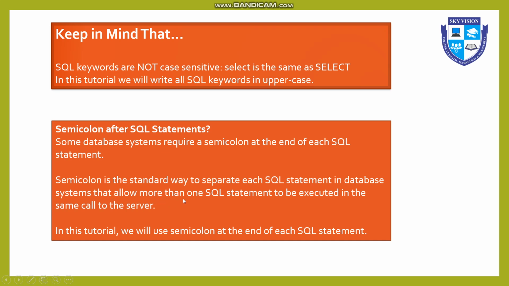That allows more than one SQL statement to be executed in the same call to the server. In this tutorial, we will use a semicolon at the end of each SQL statement. When I complete my query, I put a semicolon at the end. If we don't put a semicolon, it will give an error.